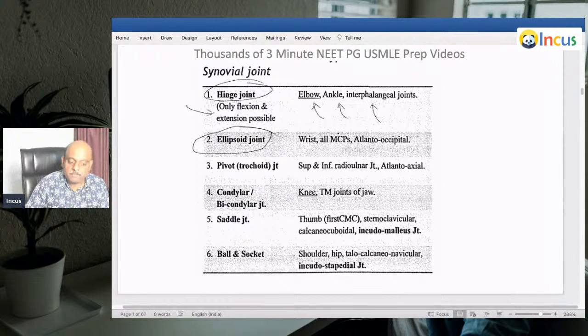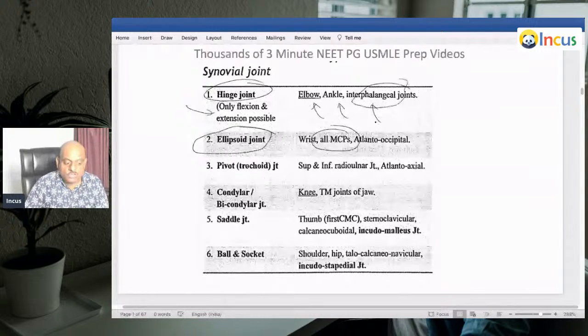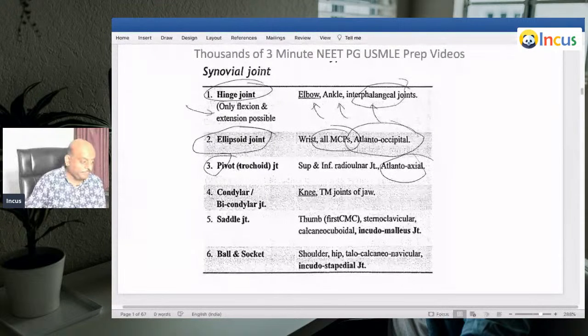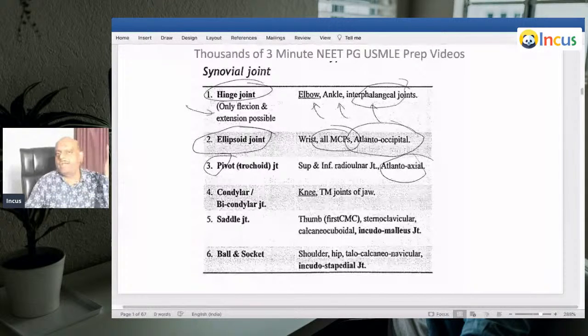All metacarpophalangeal joints are ellipsoid, interphalangeal are hinge. Atlanto-occipital is ellipsoid, but atlanto-axial is pivot. This is one of the favorite MCQs in the exam. Similarly, superior and inferior radio-ulnar joints are also pivot.